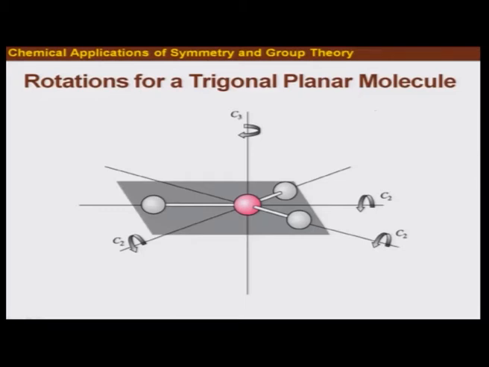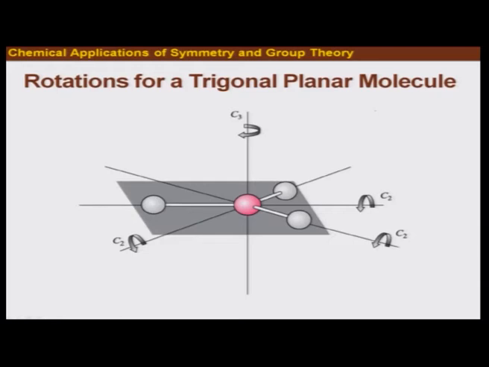So say this is boron trifluoride. All the atoms are in the same plane, so it is trigonal planar. Now in the last page we have seen that there is a C3 axis, about which you can have 120 degree rotation and you can get the identical structure. But is that all? No.